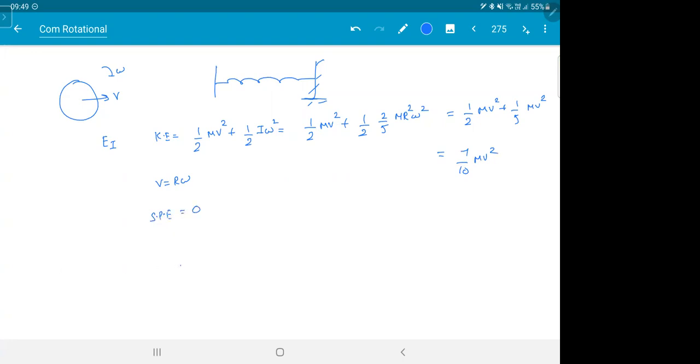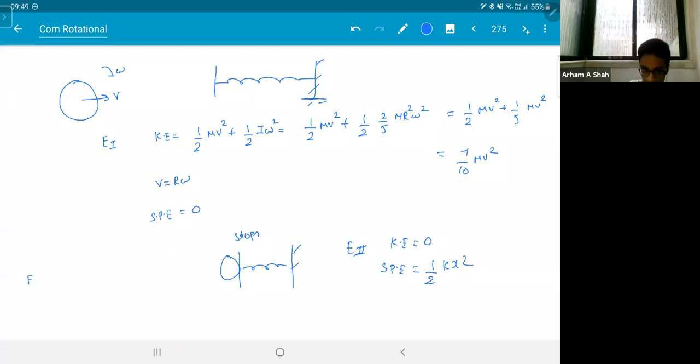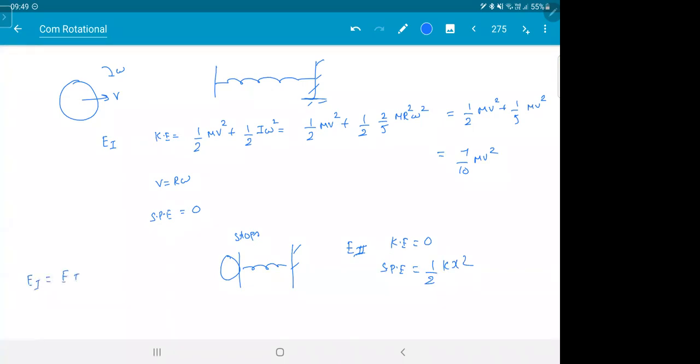Finally, when the compression is maximum, meaning it will become like this, it stops. This is state 2. What is kinetic energy? 0. What is spring energy? Half kx square. Okay, that's it. Energy in state 1 is equal to energy in state 2.